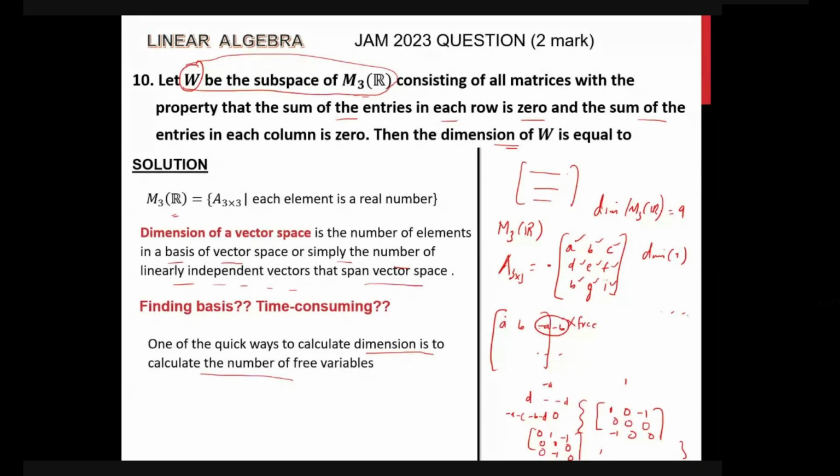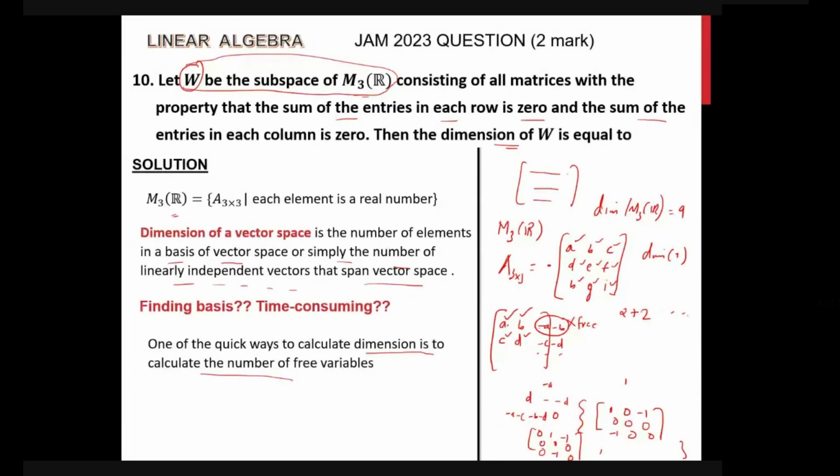This is a free variable, this is a free variable, so the number of free variables is 2. Similarly I can choose any values C, D, but the last variable is not free: it is minus C minus D. So the free variables are A, B, C, D.